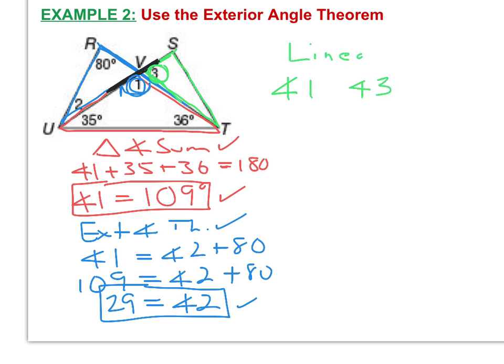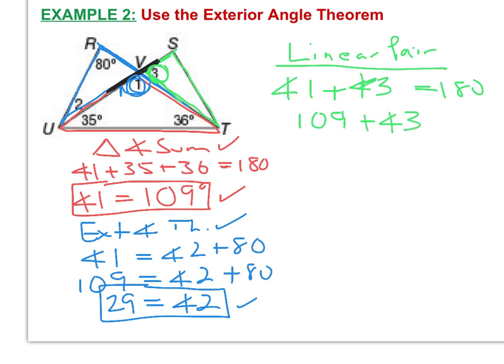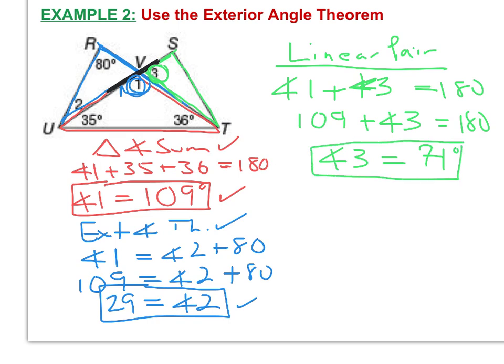We can't forget those angle pairs that we've learned in past chapters. So angle 1 plus angle 3 is equal to 180. Angle 1 is 109, plus angle 3 is equal to 180. Subtract 109 from both sides, and we get 71 degrees. So make sure you give a reason, show your work, and then the final answer.